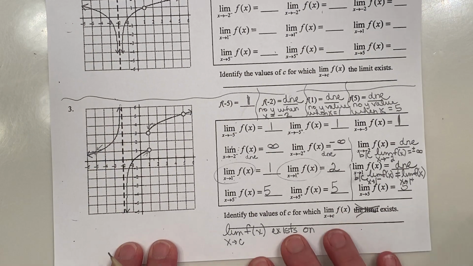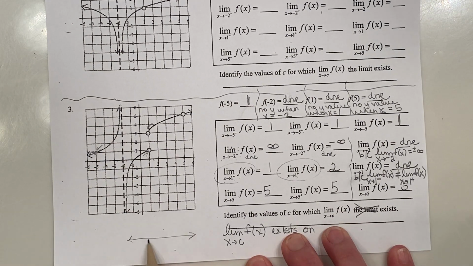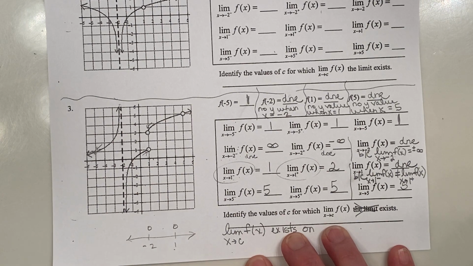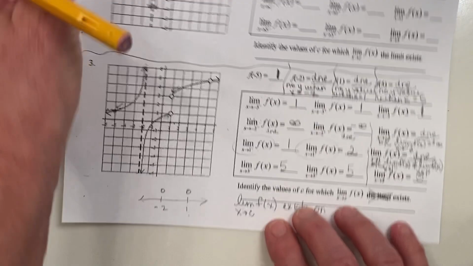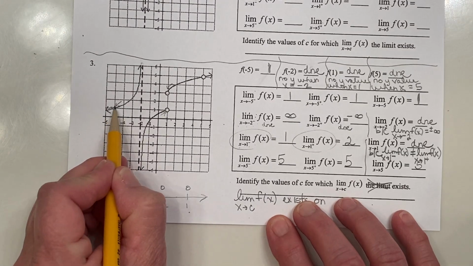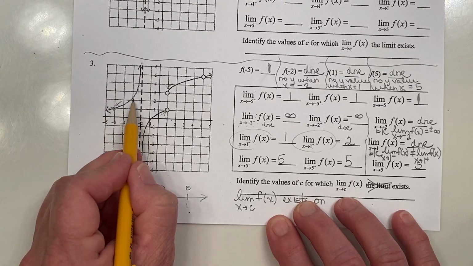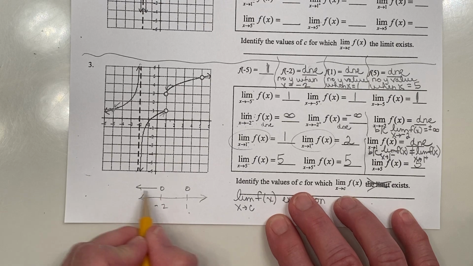So how do I remove the x values of -2 and +1 from the set of all real numbers? That limit exists everywhere else at x equals -5, x equals -4, x equals -3, etc.